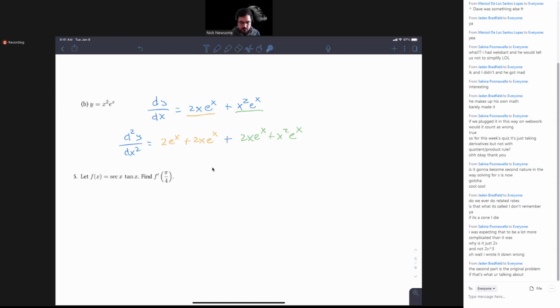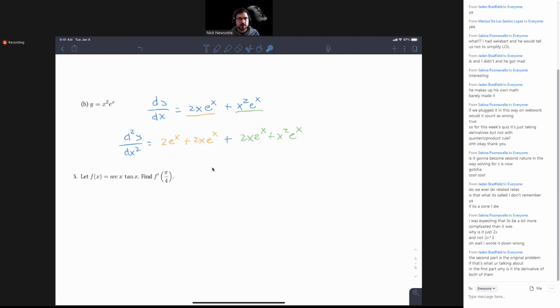By that, I mean these guys are the same, so we could add them together and call it 4. But you don't have to. We could also factor an e to the x out of everybody.